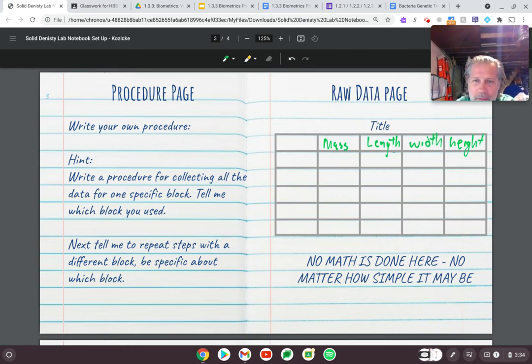Now, my mass I would want to record in grams. My length would be in centimeters. My width would be in centimeters. And my height would be in centimeters, right? So those are the things that you should probably already have.